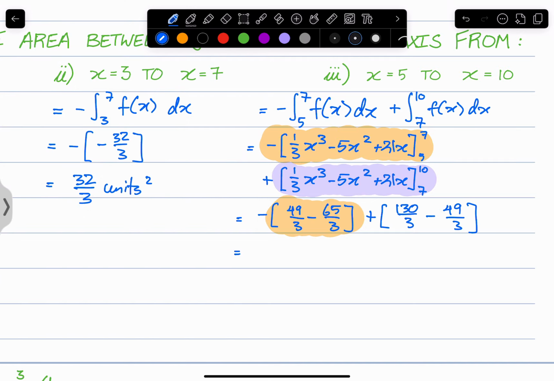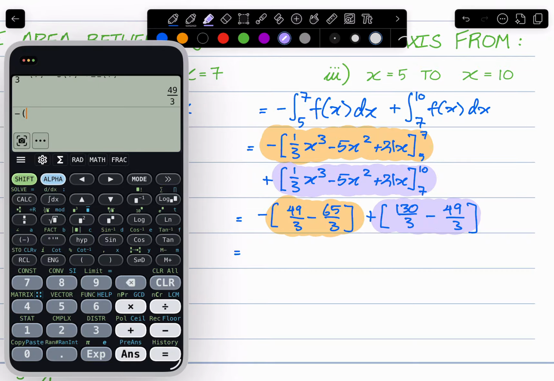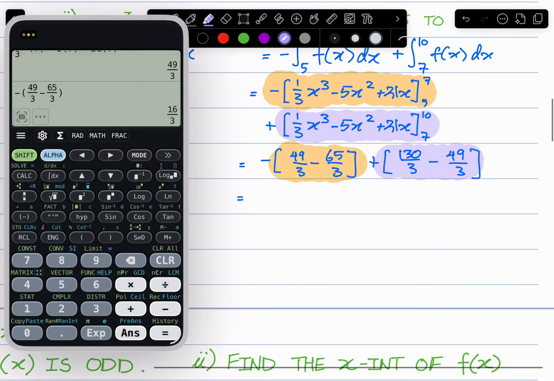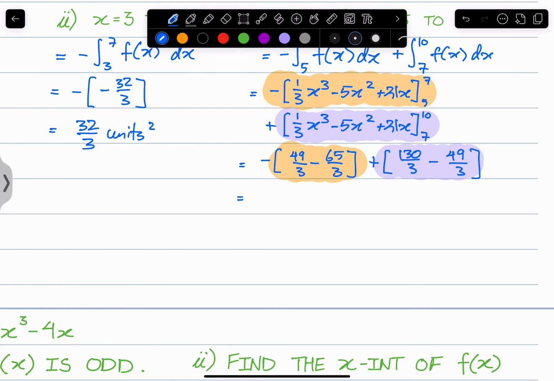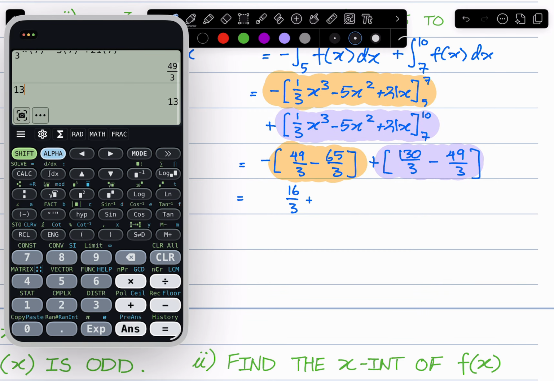And then evaluating all of this, we will get negative of 49 on 3 minus 65 on 3. The first portion is already 16 on 3, plus 130 on 3 minus 49 on 3.